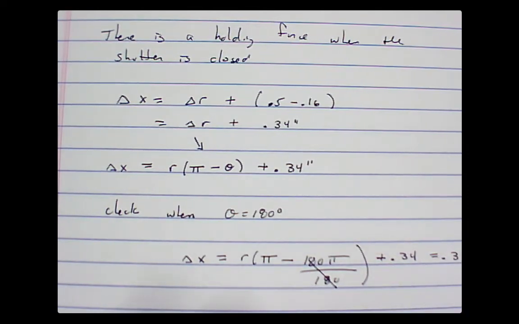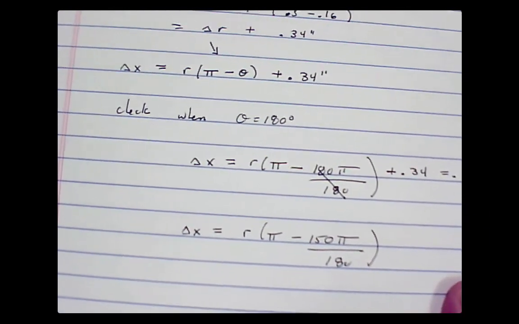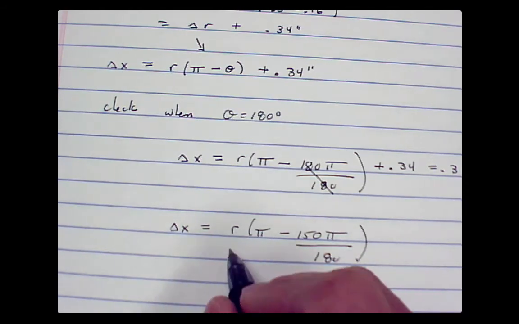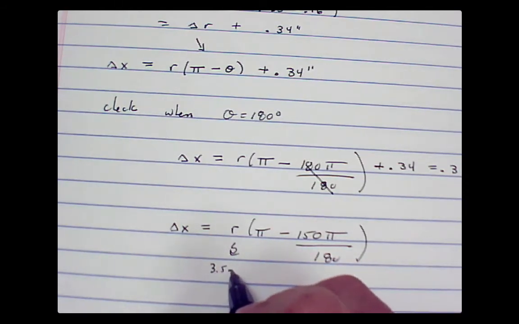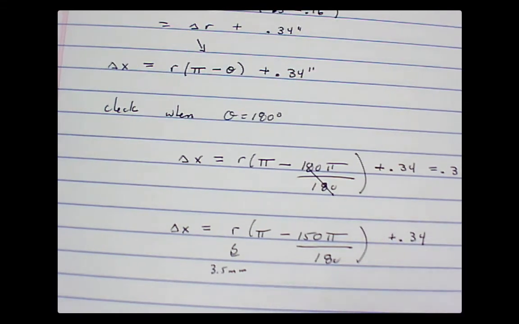And then I had a delta x equals r times pi minus, I had 150 degrees, times pi over 180. And my r was 3.5 millimeters. And I had to add 0.34 there.